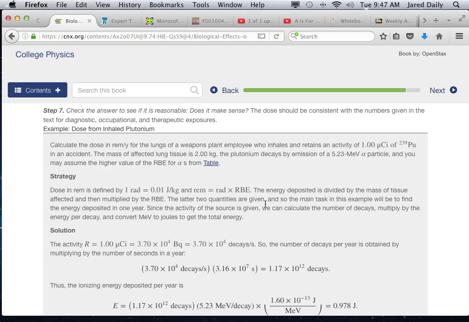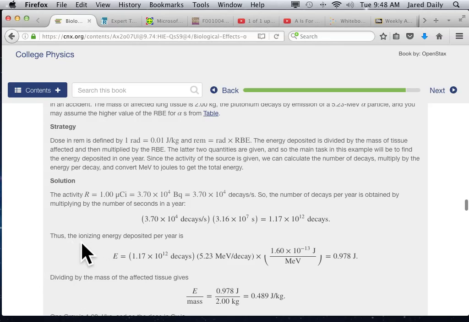So you have to take 3 off of that to make it 3.7 times 10 to the 4th decays per second for 1 microcurie. So that's our decays. The number of decays per year, we're just going to do a conversion to years. So if we have this many per second, there are 3.16 times 10 to the 7th seconds per year. So we multiply those together to get 1.17 times 10 to the 12 decays per year.